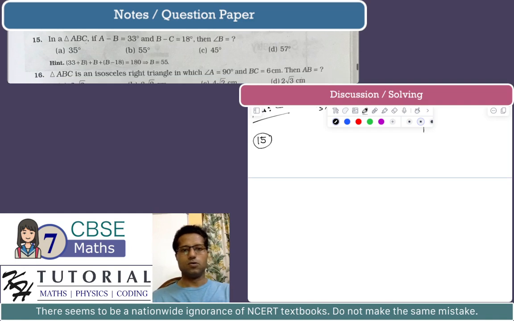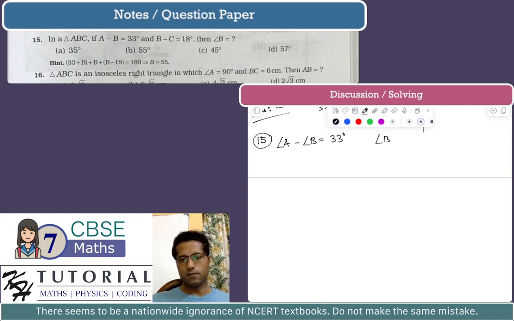Okay, so in a triangle, angle A minus angle B is given, actually it is printed wrong, it should be angle A minus angle B is equal to 33 degree, and it is given angle B minus angle C is equal to 18 degree, and we have to find angle B.